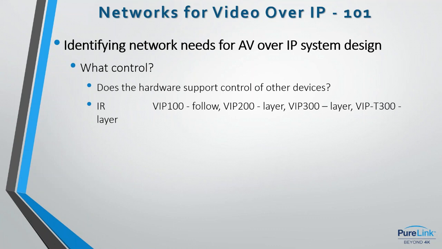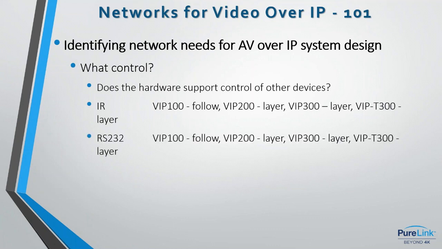On the rest of our models, the 200, 300, and T300, you can do what you might call breakaway. Another common term that's becoming more popular is layered switching, where I can route video from a source encoder to decoder 1, and I can route the audio to decoder 2, and the USB to decoder 3, and so on.